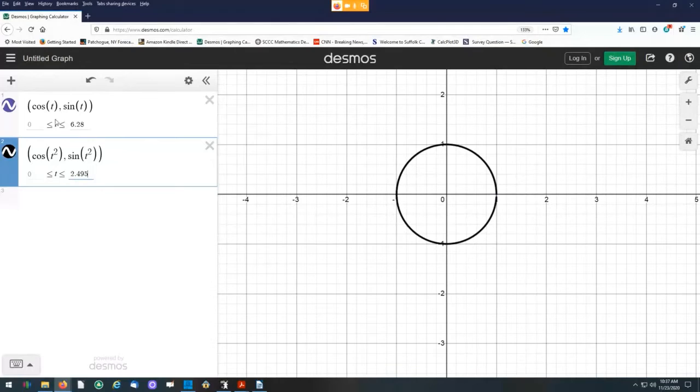So if t was time, this took me 6 seconds to go around for the first one. This one took me roughly 2.5 seconds to go around, so going around faster. Now I could also go around in the other direction.